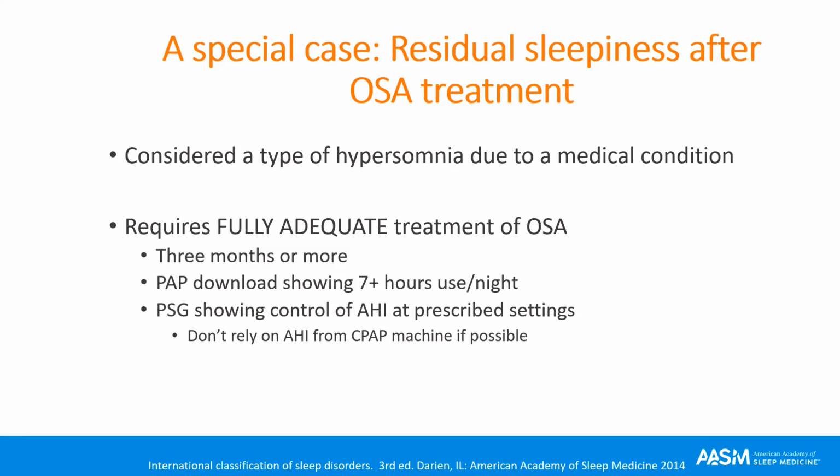And ideally, you would do a PSG on CPAP to show that the AHI is controlled at the prescribed settings. We all know that the CPAP download information with the AHI flow is good if the AHI flow is less than about 5, but it is also imperfect. So if somebody is still sleepy, despite good adherence to CPAP, and it looks like the AHI flow is normal, if you can, do a check of that to make sure the machine is accurate and that the sleep apnea is controlled as well as you think it is.